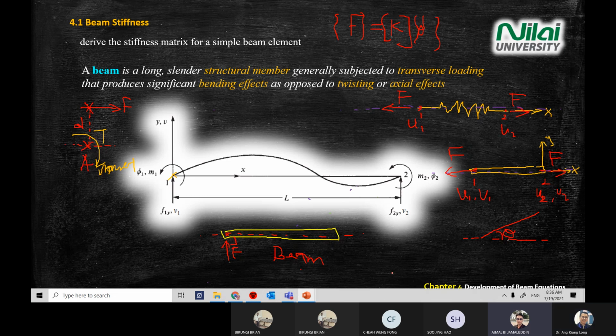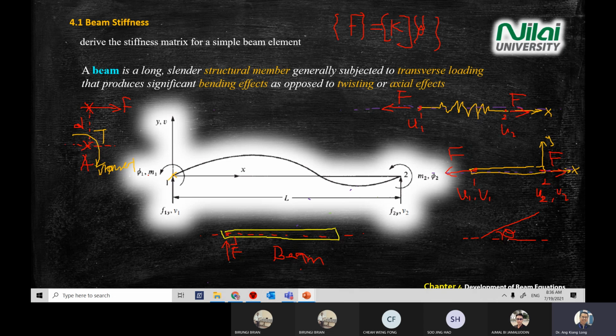When it comes to the beam, we get the bending moment. How do you get the bending? Because of the force that creates the moment.